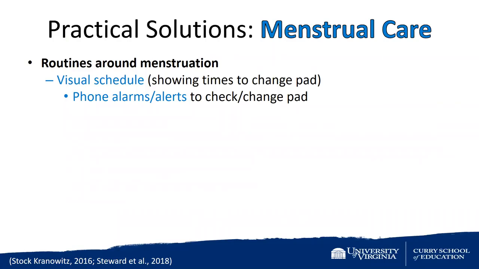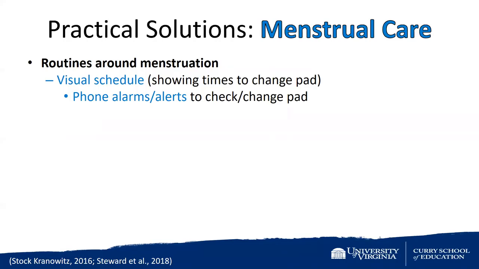Next we're going to focus a little bit on menstrual care for females. If you think about it as a female, there are a lot of routines around menstruation that you've just integrated into your day-to-day life. But for an individual with IBD, it may be harder than that.